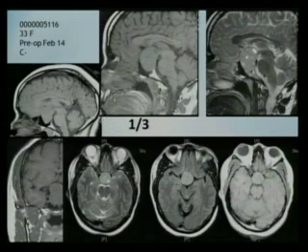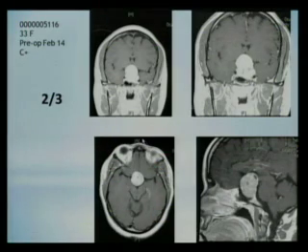This is the pre-op picture of this person with a huge adenoma, a macroadenoma. And here's the T2 weighted axials, proton density. And this is with contrast.